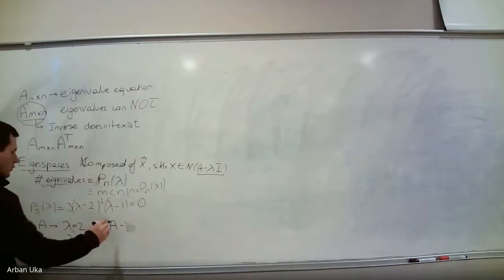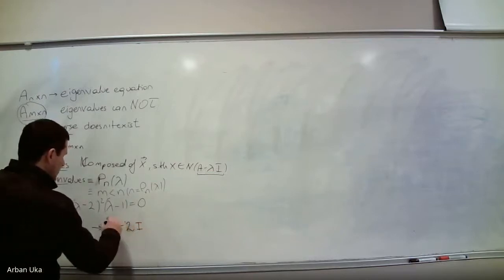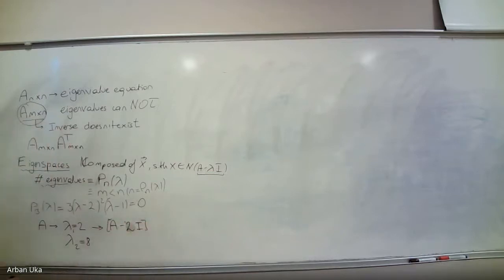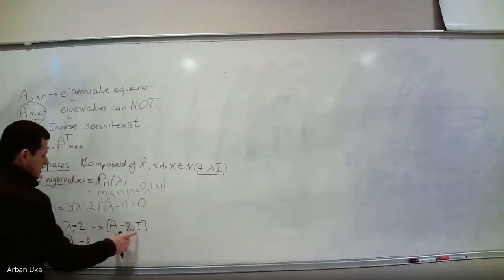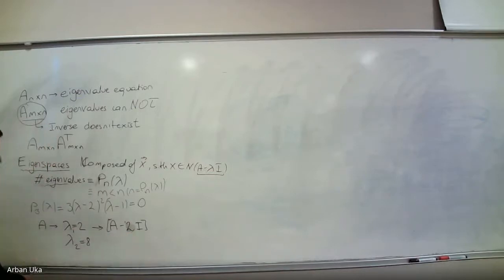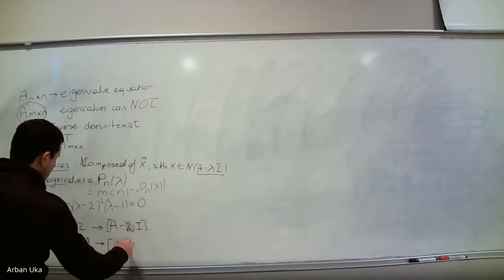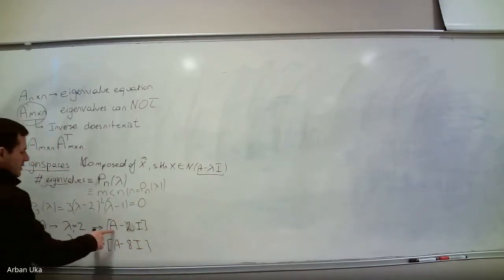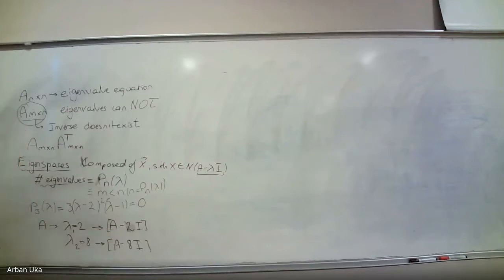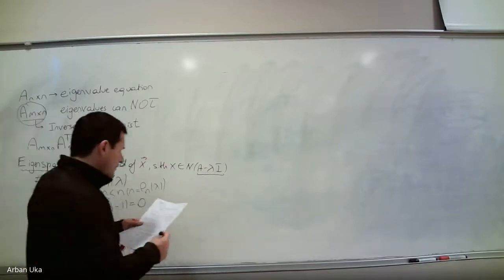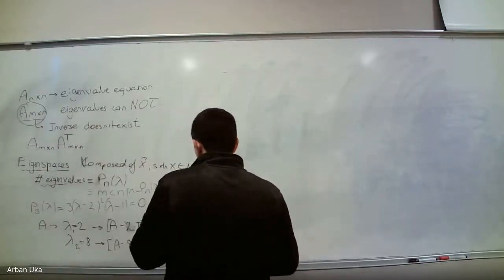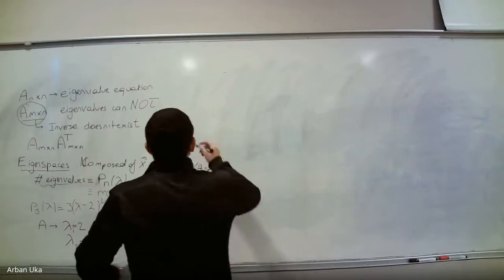Since lambda is equal to 2, we have A minus 2 times the identity matrix, and the eigenvectors come from the null space of this matrix. For the other eigenvalue, we would have A minus 8I, and we look for the null space of that. So we can say that eigenvectors corresponding to one lambda form an eigenspace.